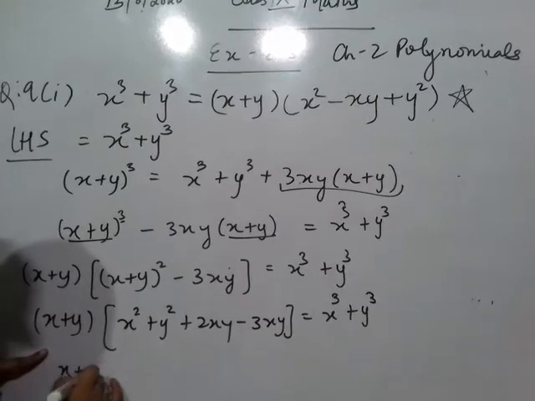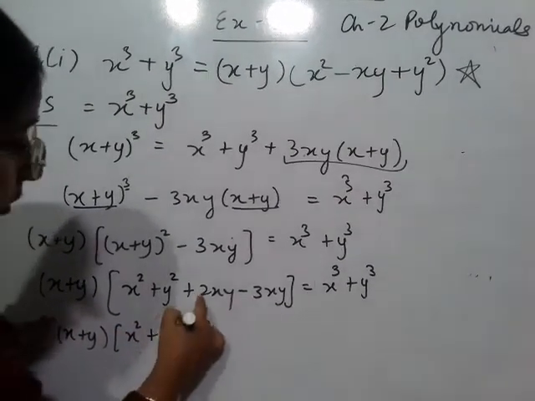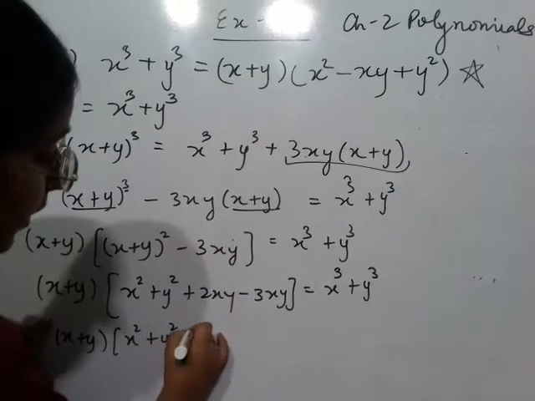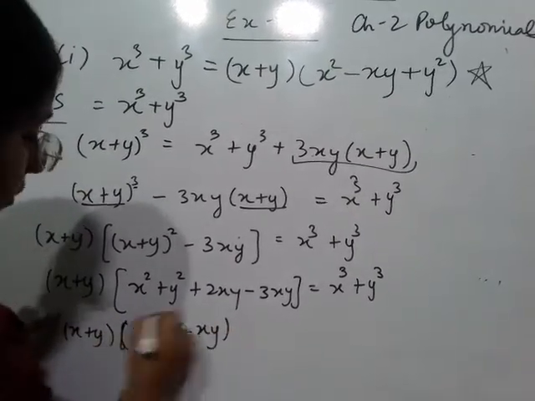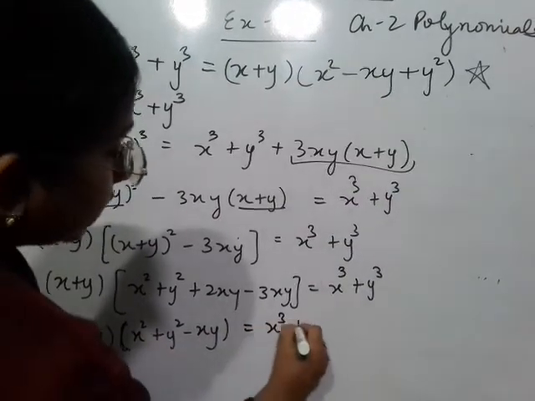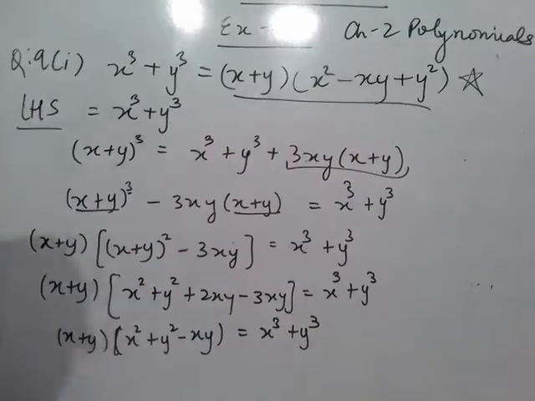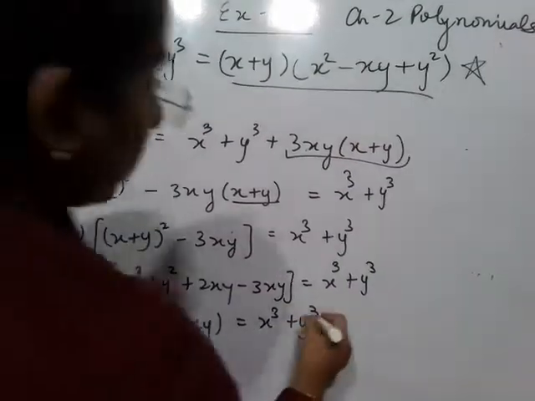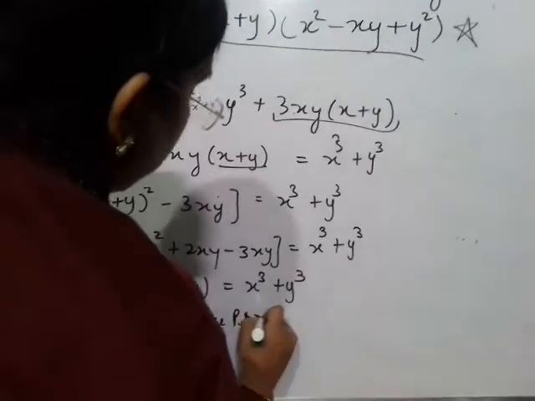Now x plus y is taken as it is. Inside the bracket: x square plus y square plus 2 minus 3 is minus xy. So x cube plus y cube is equal to (x plus y)(x square minus xy plus y square). Hence we have proved what we wanted to do.